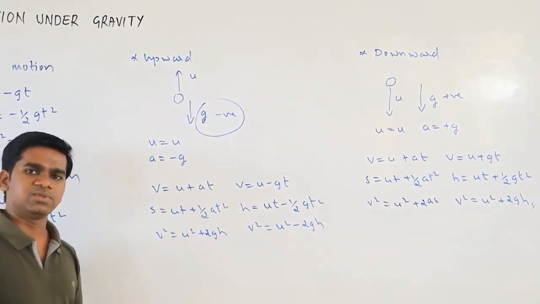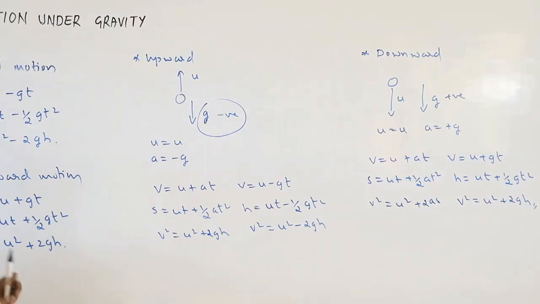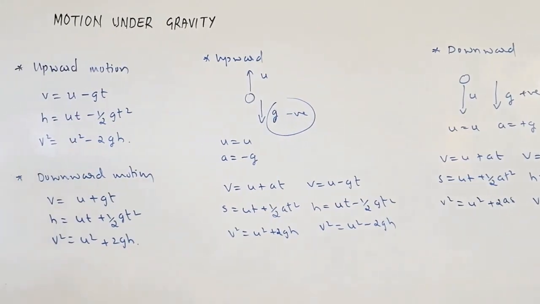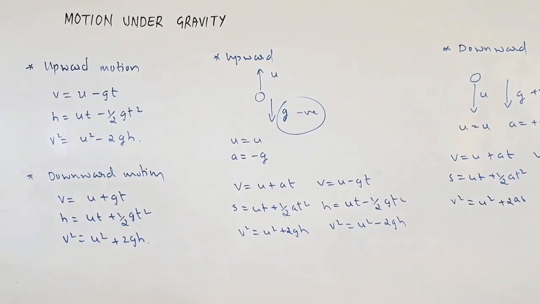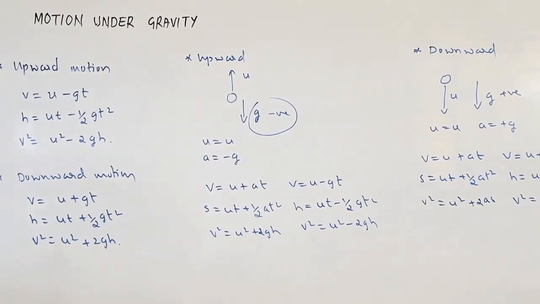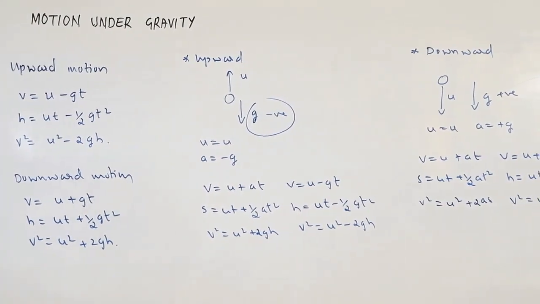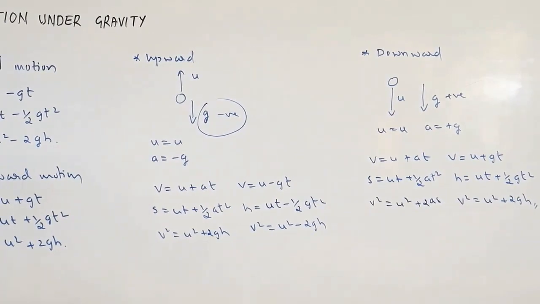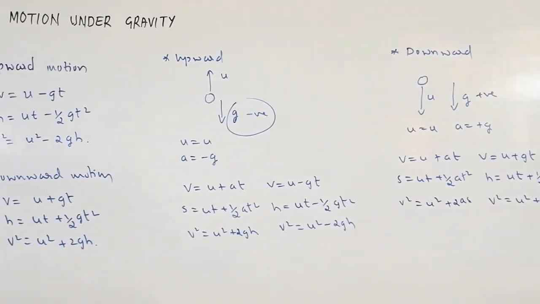But when you solve a problem, better consider all the sign conventions. Finally you will get the same equations only. Even if you take v and u negative, the negatives will cancel and it will become positive. I hope this helps you write the equations directly.